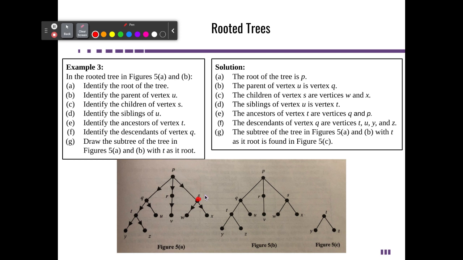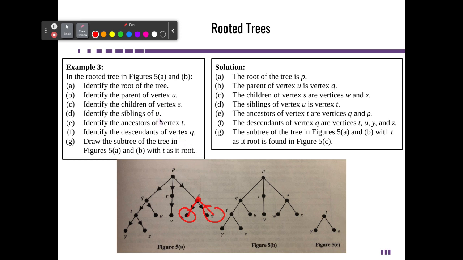So vertex S, and it says identify the children of vertex S. We take a look at that, and the children of vertex S are the vertices W and X. What they're saying is, going off of here, there's only one way to go. So we get W and we get X.